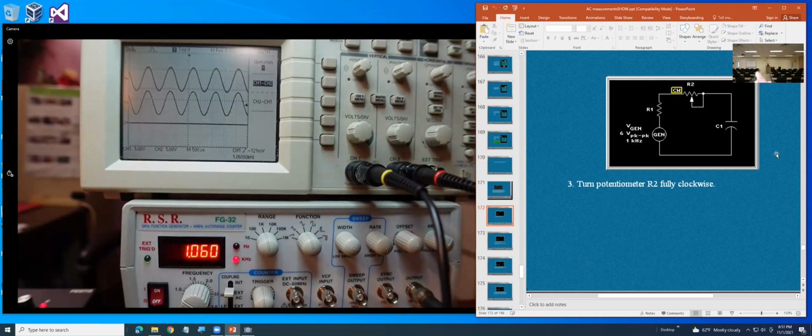Channel 1 still on generator. Okay, now we go into different circuitry. Phase angle.